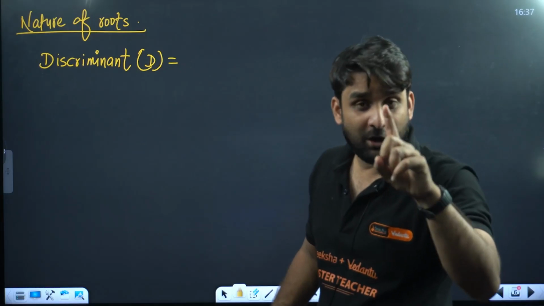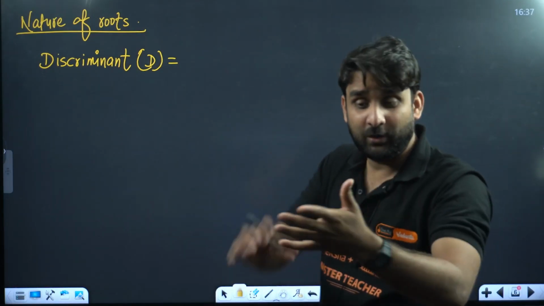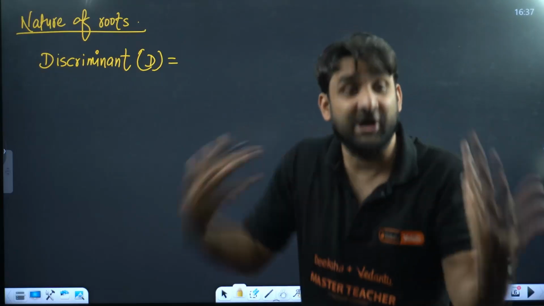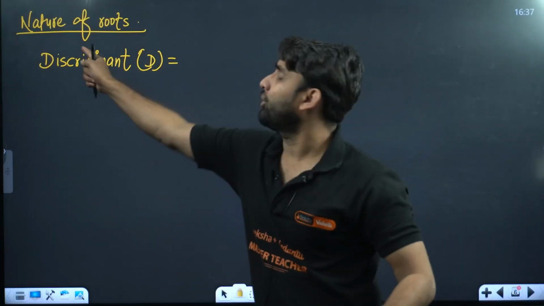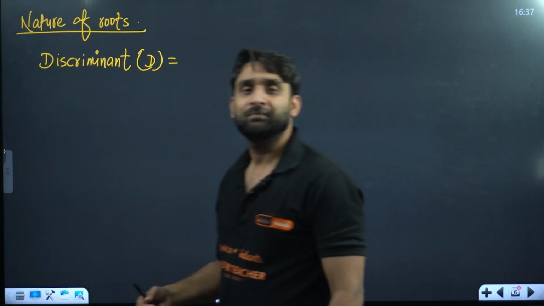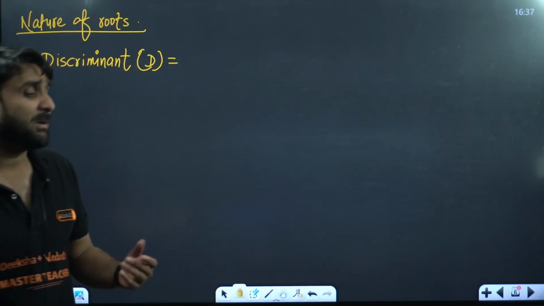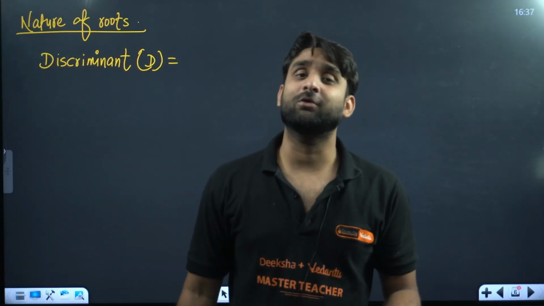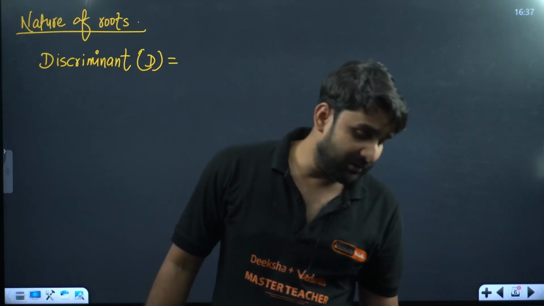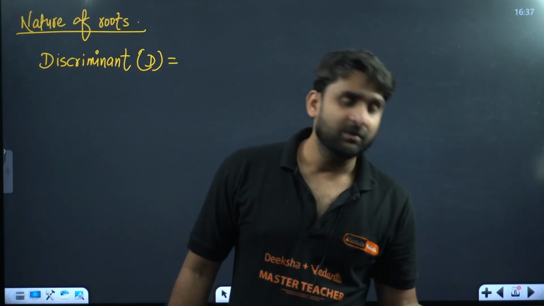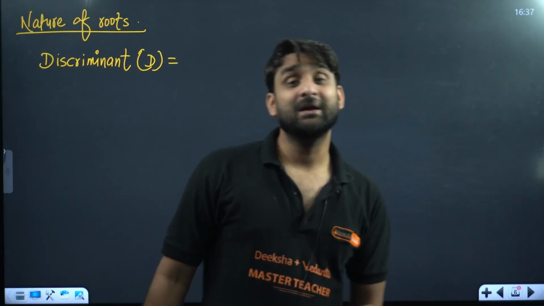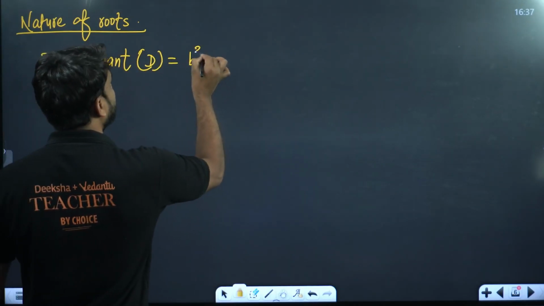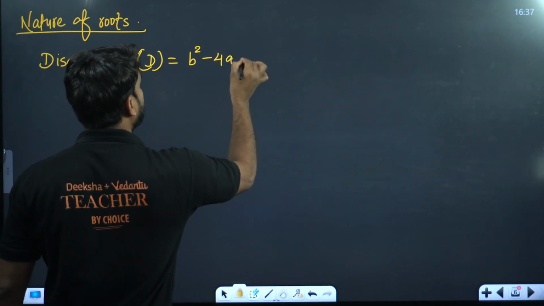Without solving for the zeros, we can directly check the nature of roots just by calculating the discriminant. The discriminant is a very powerful value which gives you information about the nature of roots, whether the roots are real and distinct, whether there are no real roots, or whether the roots are real and equal. The formula of discriminant is D equal to b square minus 4ac.